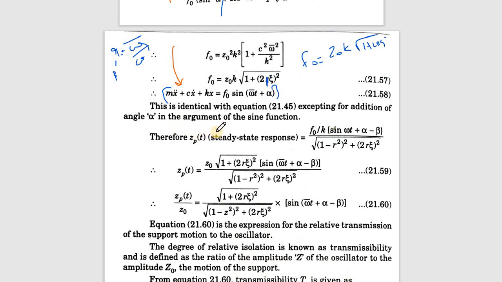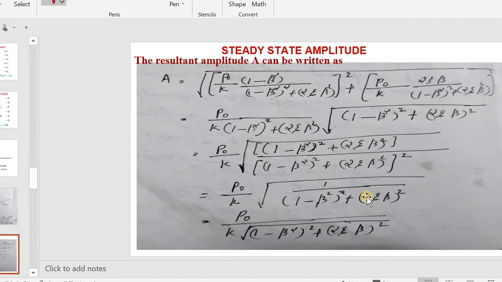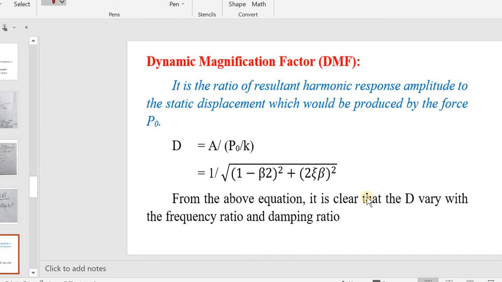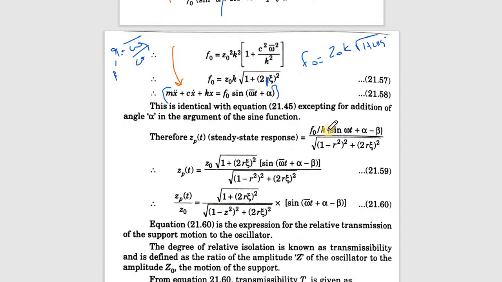Now, considering there are two stages for the steady state response, I am just referring to that also, so you will have an idea. This is our amplitude which we are getting. The same thing we write here: p0 by k root of 1 minus beta square into 2 theta beta. Here the steady state amplitude will be, instead of p0, f0 by k sine omega t plus alpha minus beta. So this beta will be the phase angle.